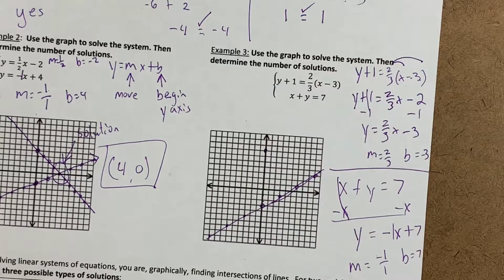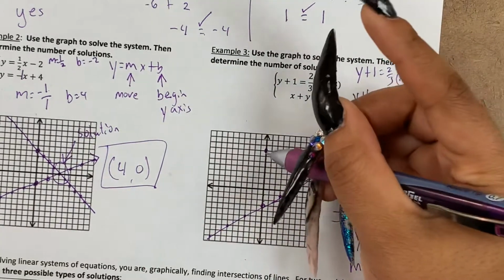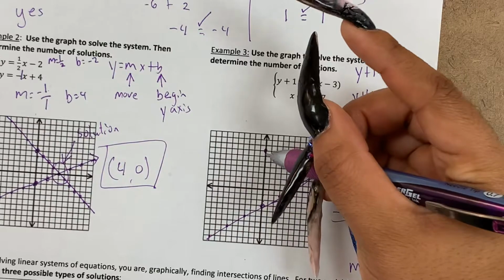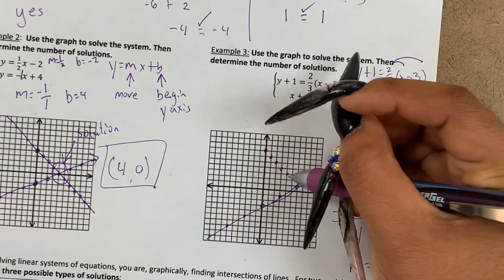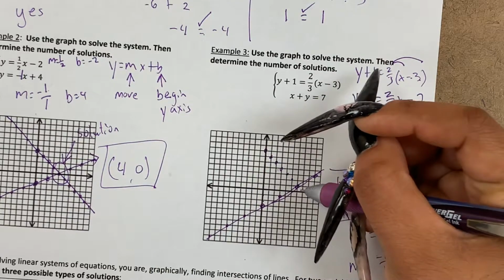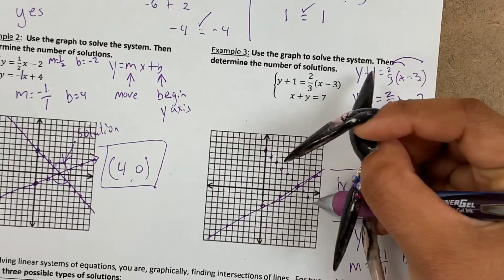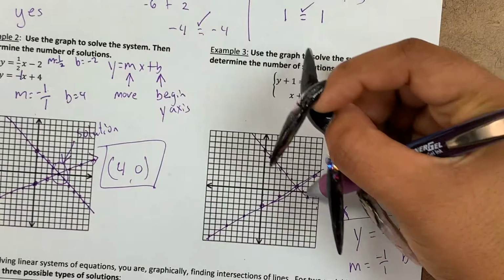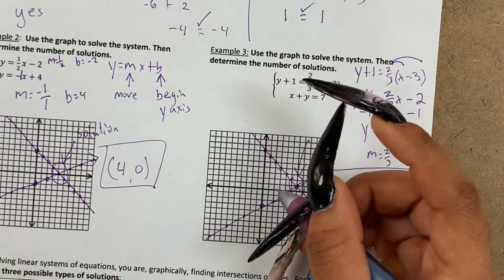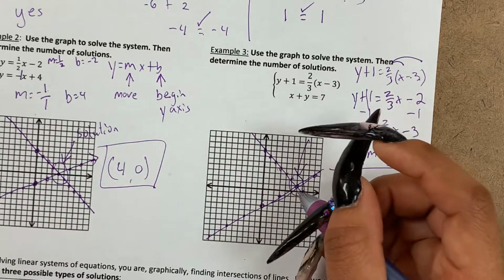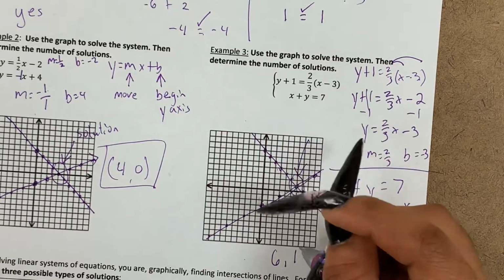Okay, so my slope is -1/1. So I'm going to go down 1, right 1. Okay, I found where they intersect. That's the solution. The solution is 6, 1.